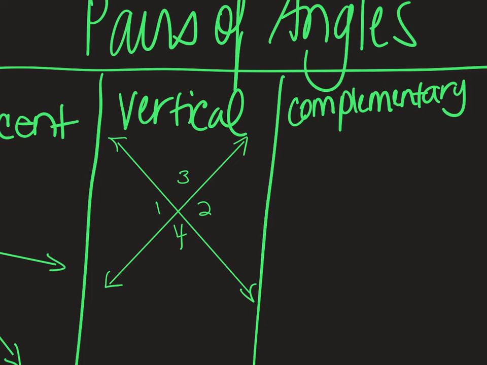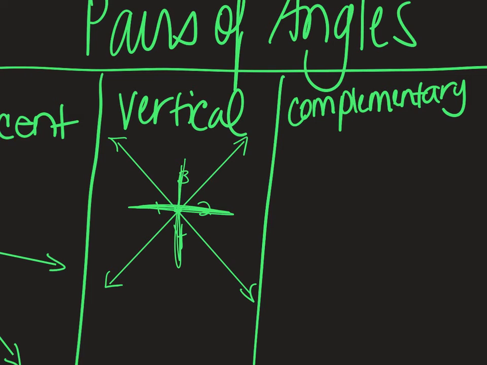So a vertical angle: when two lines intersect, right there's your intersection, they form two pairs of opposite angles called vertical angles. So these two are a pair of vertical angles, and this is a pair of vertical angles.